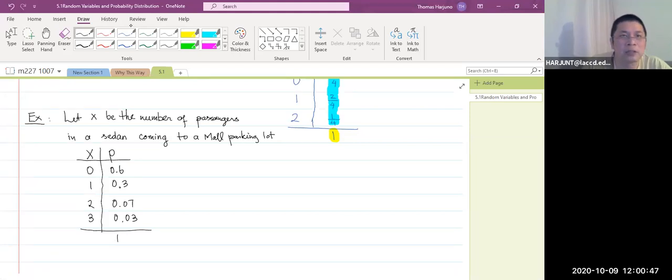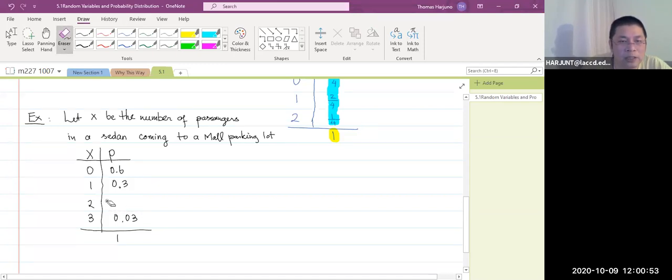Is it okay? The total has to be 1. So in my test or in my quiz, for example, I may just leave one of the cells empty and you figure out yourself what number it should be. But you know the total has to be 1. Why? Because it is a probability distribution. Once it is a probability distribution, the sum of the probabilities of all possible random variables should be 1. Using this 1 together with the rest of these numbers, you basically do 1 minus the sum of 0.6, 0.3, 0.03.